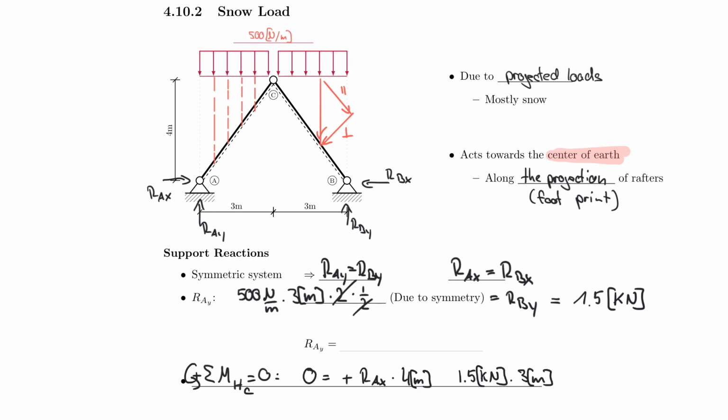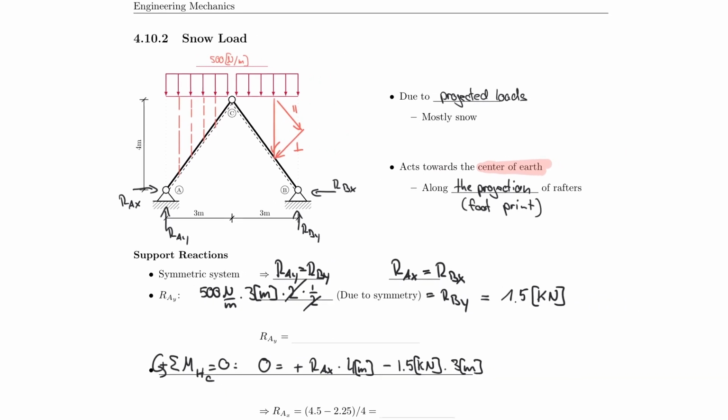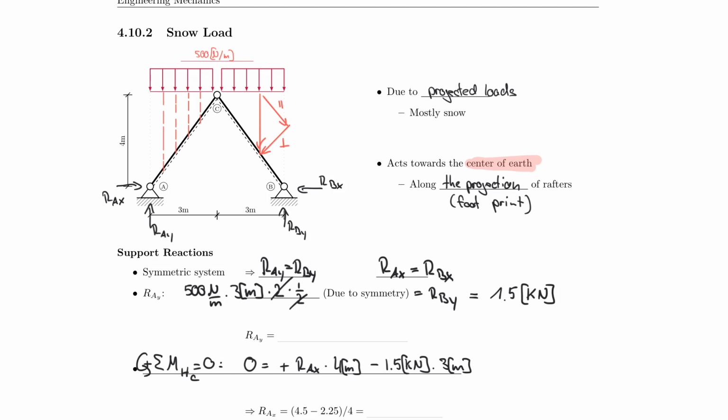And now there's many ways of how you can do this. Well, first of all, let's assign a direction. RAY is turning clockwise, therefore it's negative. But last but not least, I need to include my snow load, which is 0.5 kilonewton per meter. And I have to multiply that by 3 meters. And that lever arm now is 3/2 meters.